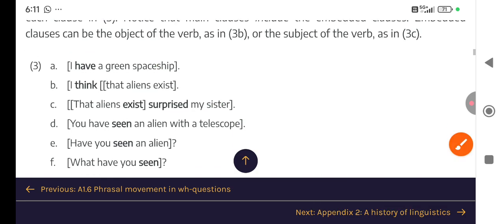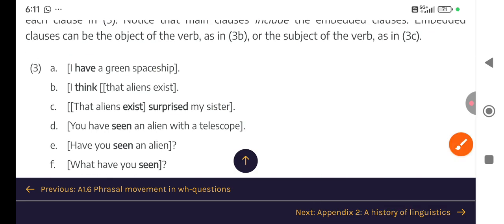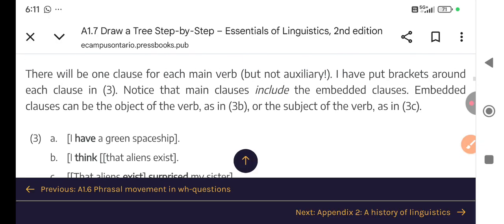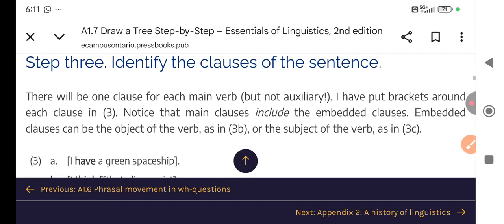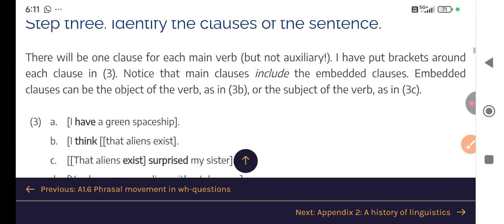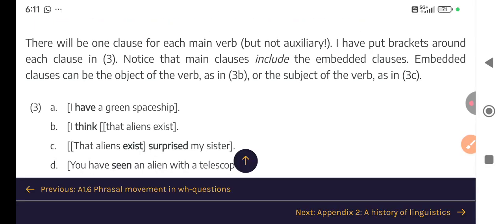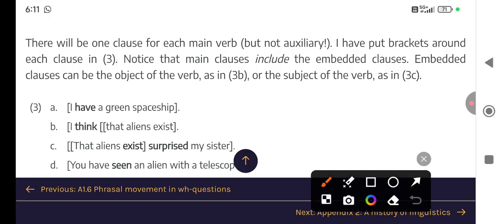How? We'll see. I have a green spaceship. So here what are we going to find out? Clauses, right? So one clause for each main verb. That is important, but not auxiliary for the main verb. So there will be one clause for each main verb.